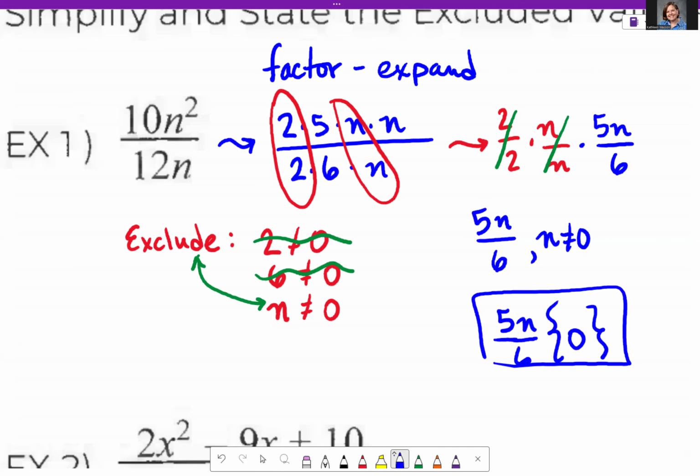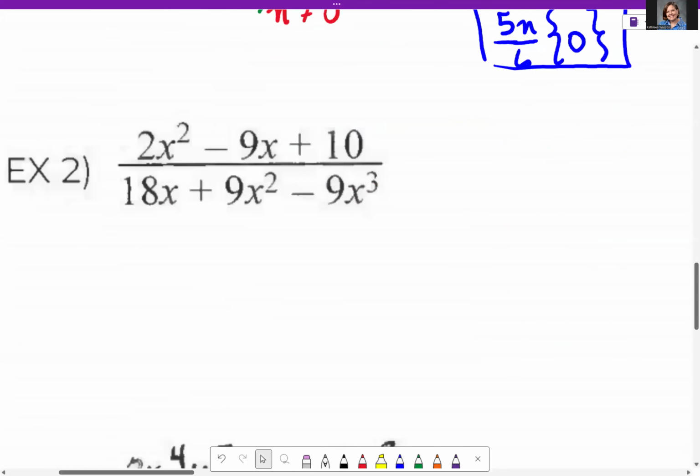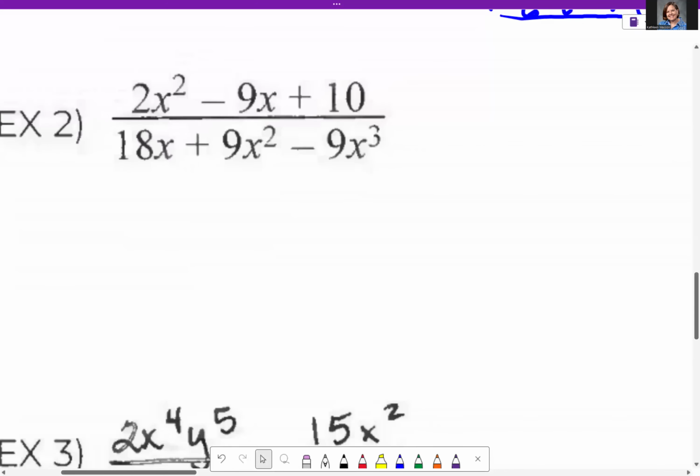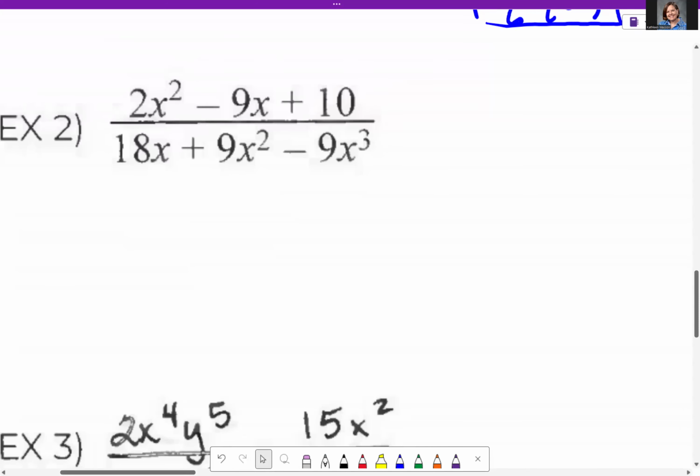Here's another example. I have a numerator and a denominator, this looks quite a bit more complicated, but the process is the same. I'll factor the numerator.